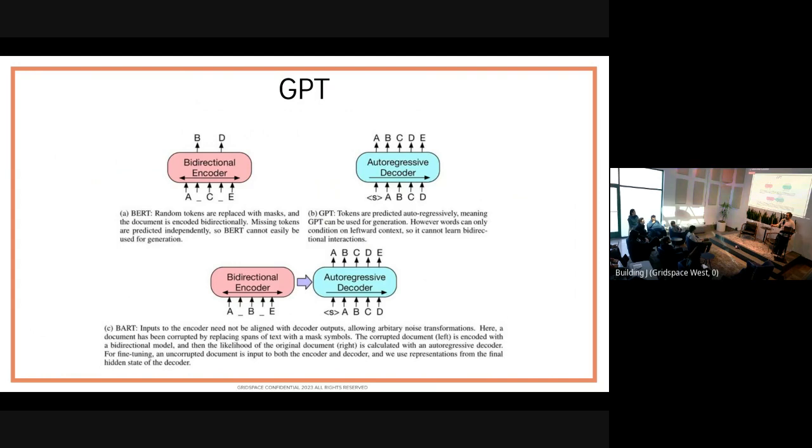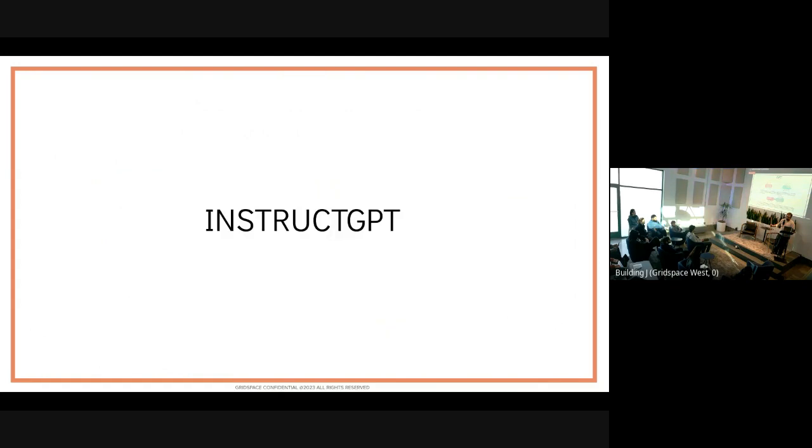BERT has been scaled up several times. There's many flavors of these models like RoBERTa that are variations on a theme. But the main idea is the same, which is pump a lot of text through a prediction task on a big transformer, and then do all the data pipelining and the parallelization so you can make these models as big as possible and make them smarter and smarter and smarter.